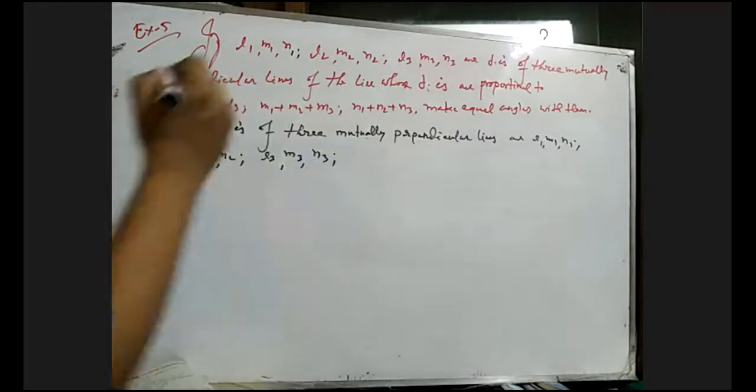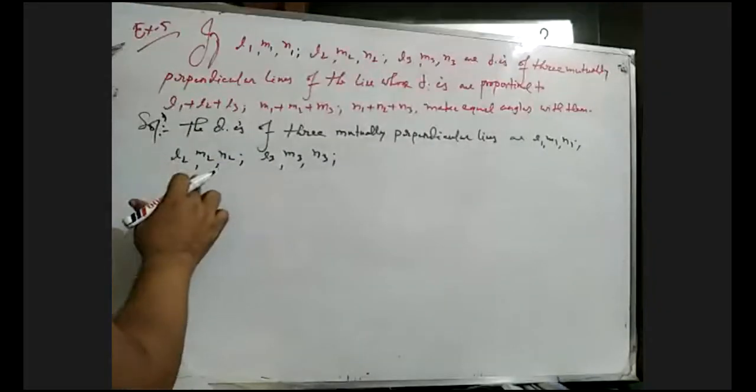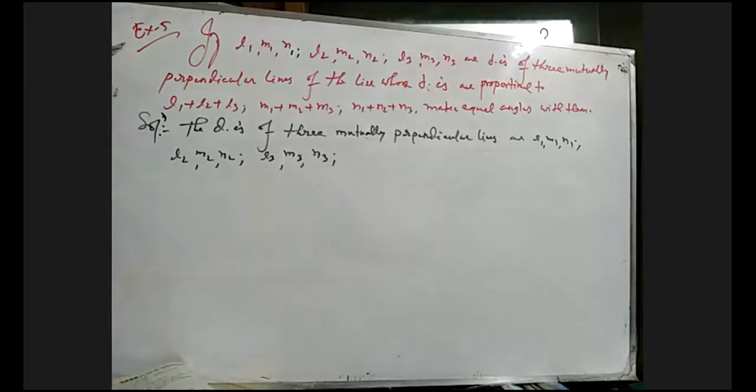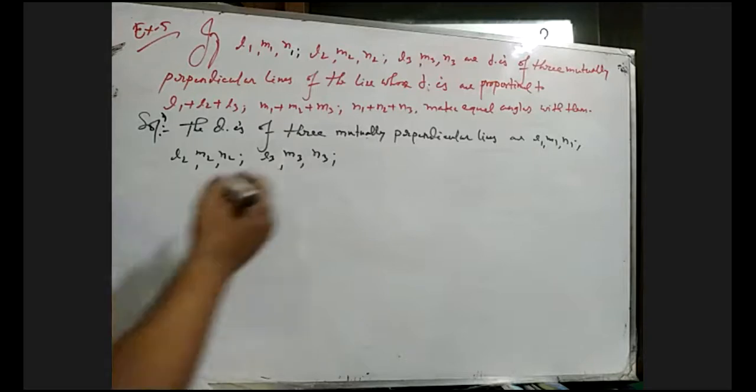That is the first line, second line, and third line direction cosines. So we must know the formula: cos theta equals L1 into L2 plus M1 into M2 plus N1 into N2. So perpendicular, this is why.